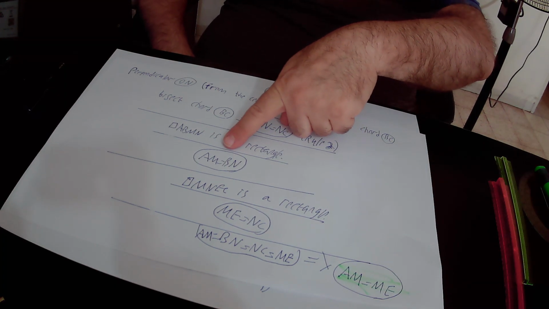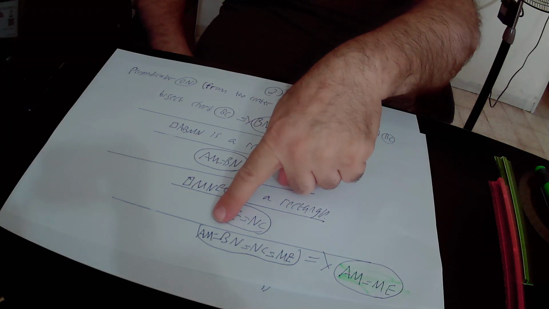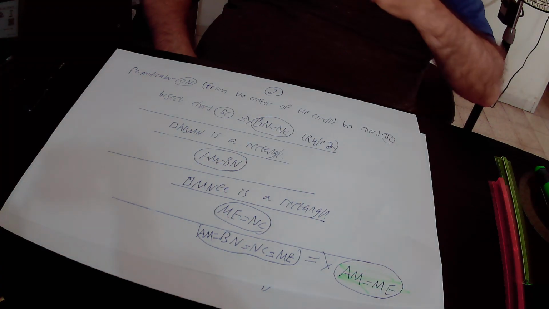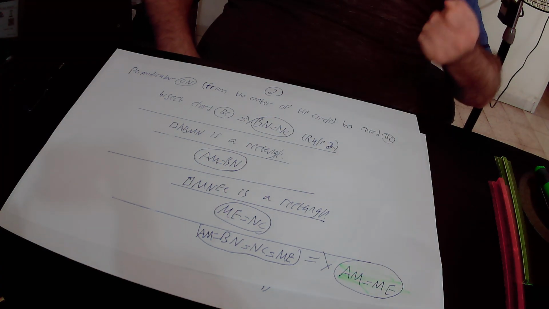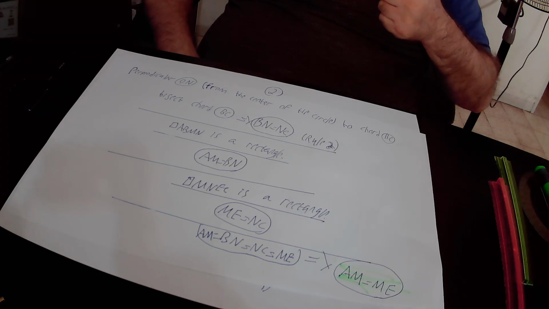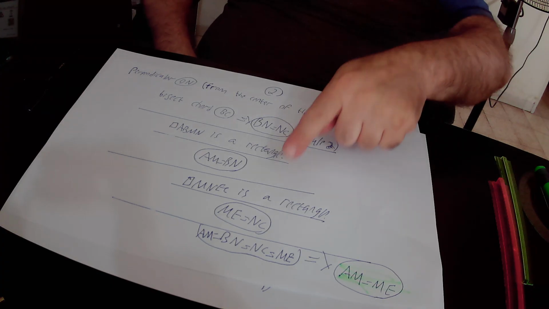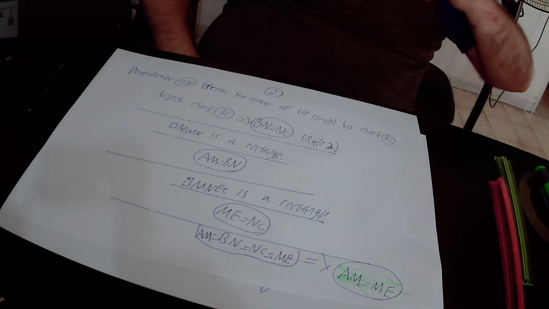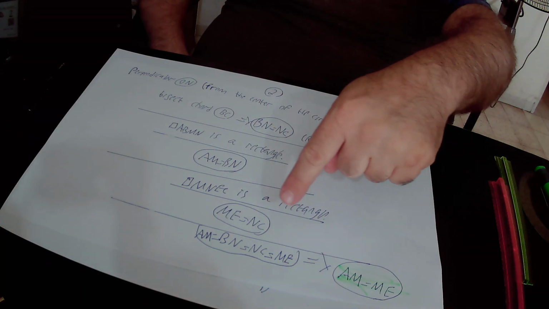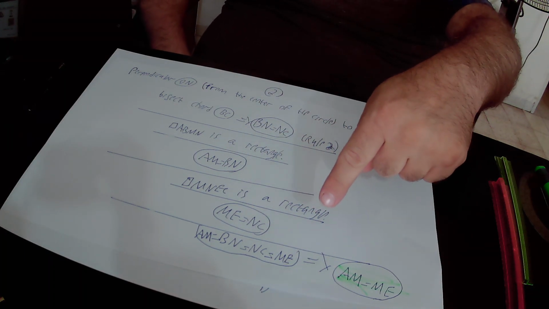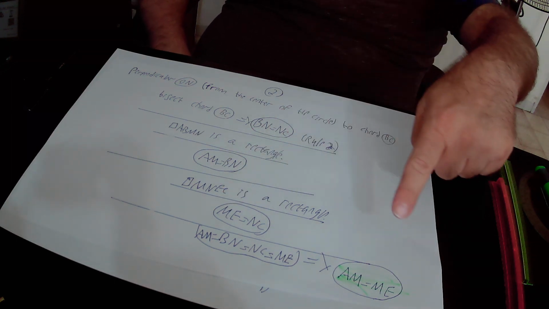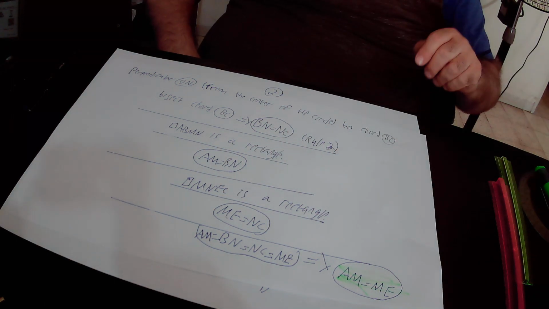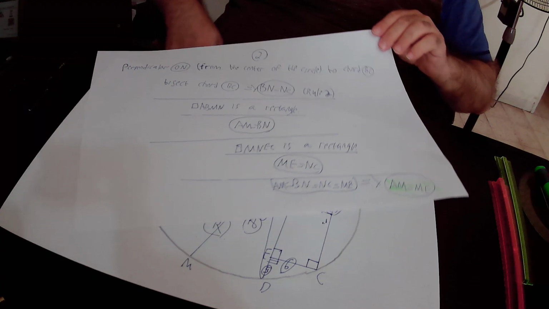So we can write here that BN equals AM. And according to the same rule that the opposite sides of a rectangle are equal to each other, we found out that NC equals EM. So we can write here that NC equals EM. So from this long equation, AM equals BN equals NC equals ME, we will derive that AM equals ME.